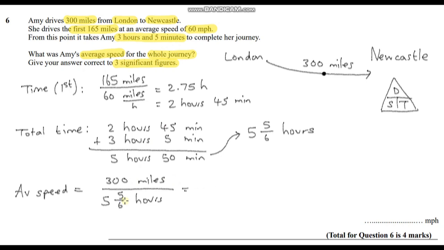Now be really careful when you're typing this into a calculator, because if you just type in 5 and then the fraction 5/6, it's going to multiply the two together. So this is 5 plus 5/6.